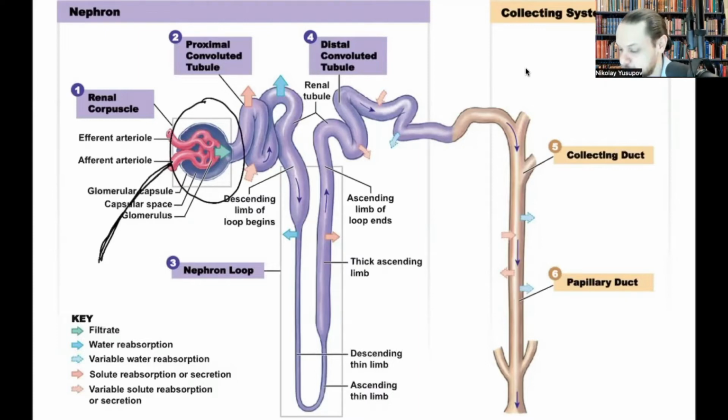And then as this process is going on through these capillaries, the blood will leave through the efferent arteriole. Then this will go to the renal veins, and then it will go back to your vena cava. So as the blood comes in from the arterial system, it will go through the afferent arteriole, make its way through the capillaries, go through the efferent arteriole, and then as it exits, it's going to go to the renal vein and then back into the circulation.